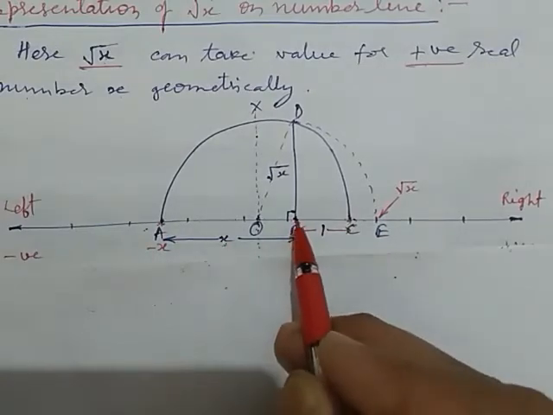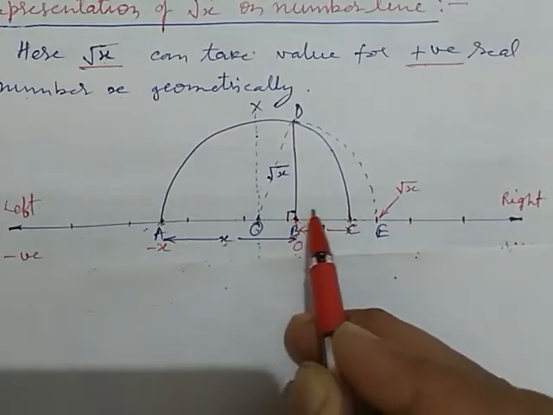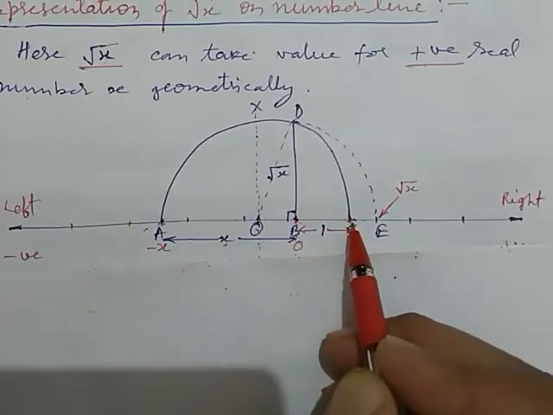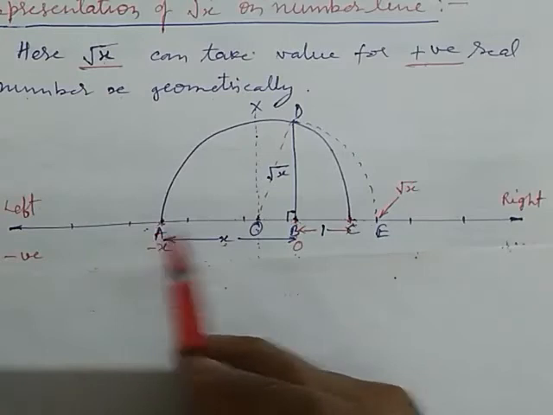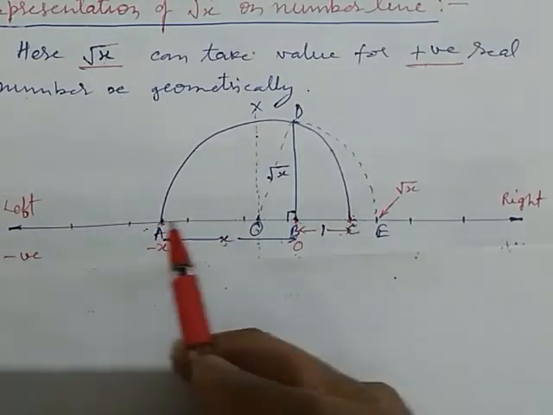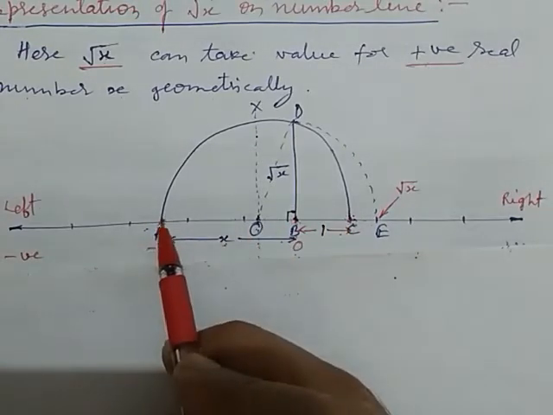Now add 1 unit to this, so measure 1 unit from this 0. This is 1 unit, and here we write C. So AC is what? x plus 1. This is totally x plus 1. I repeat again.